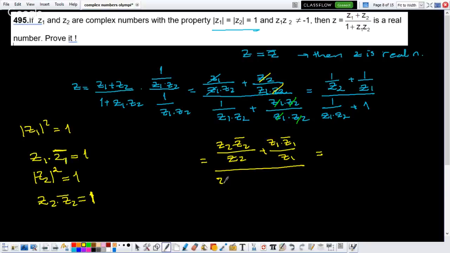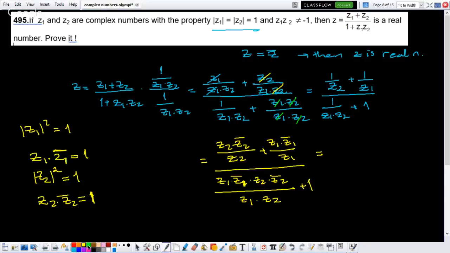That's why Z1 conjugate times Z1 times Z2 times Z2 conjugate, these are all 1 and 1. So the multiplication is again 1, all over. Here again, it's equal to Z1 times Z2 plus 1 here.